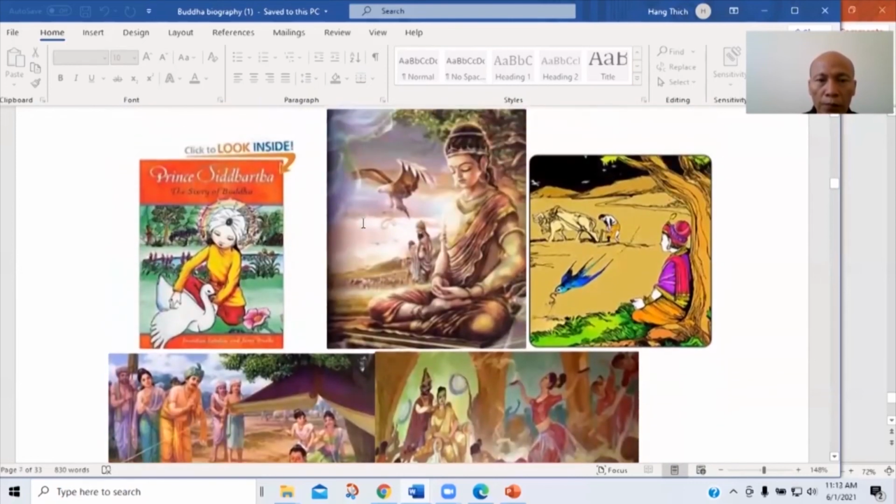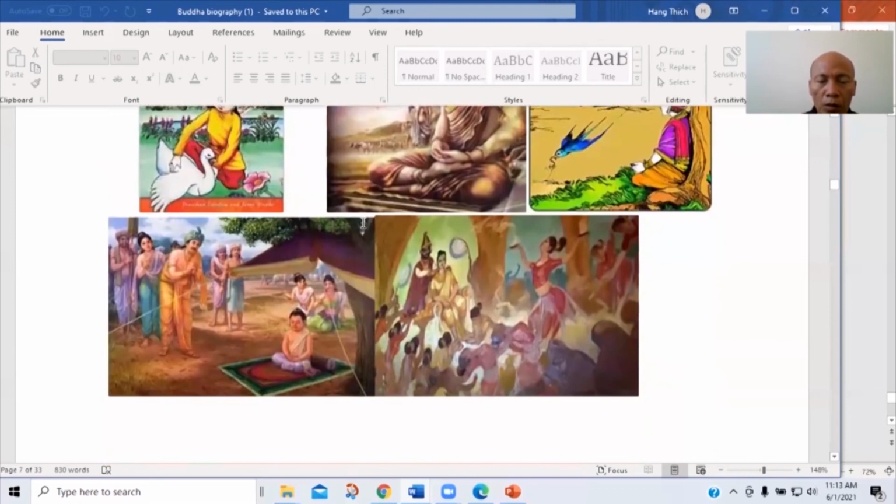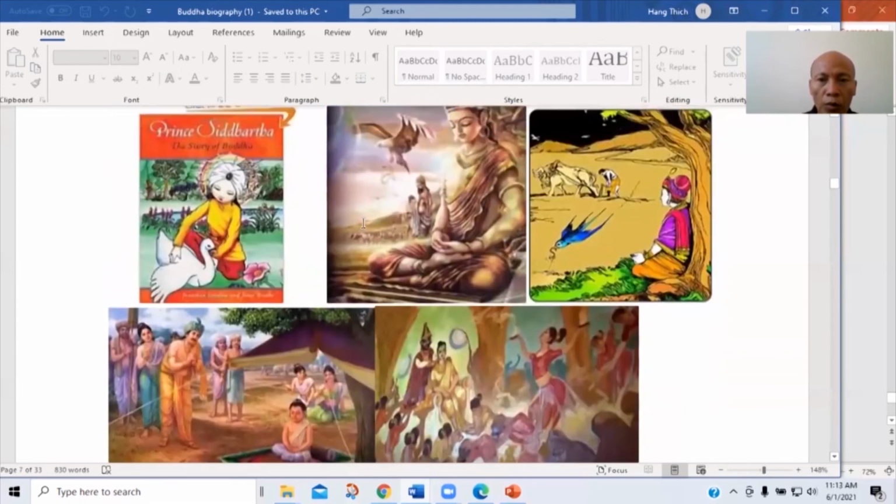It says that when he grew up, he developed as a compassionate and wise child. According to the legend, when he was only about 10 years old, one day he went together with his father the king to attend the plowing ceremony with the farmers.